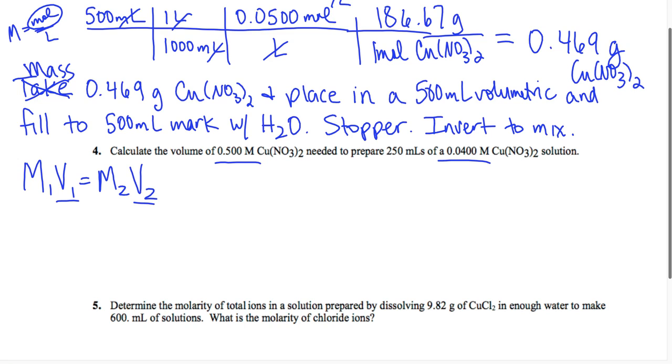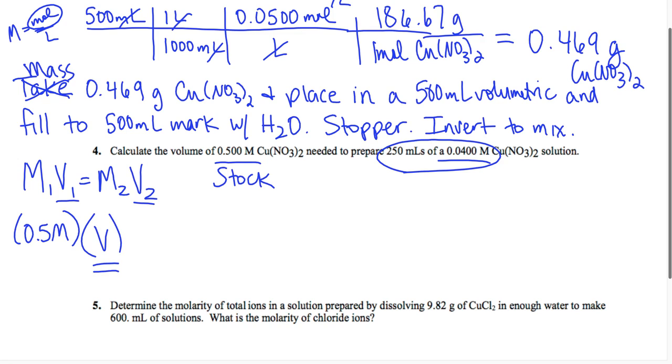So the way you do it, this is our stock right here, and we're diluting it to make 250 mils of something less concentrated. So I'm going to start with my stock. My stock is 0.5 molar. The question is, calculate the volume of the 0.5 molar. That's my unknown. Is equal to stock needed to prepare a 250 milliliter solution of 0.04 molarity.